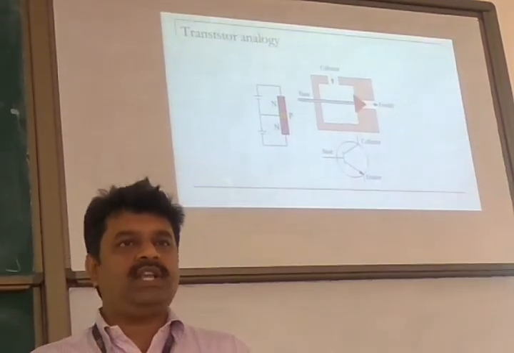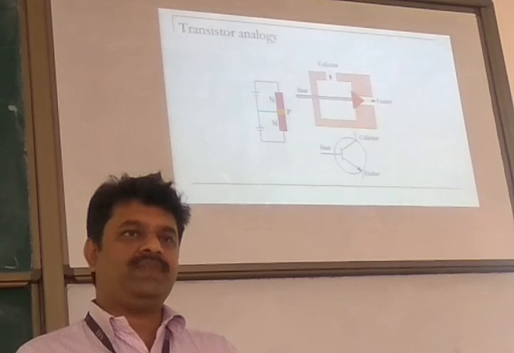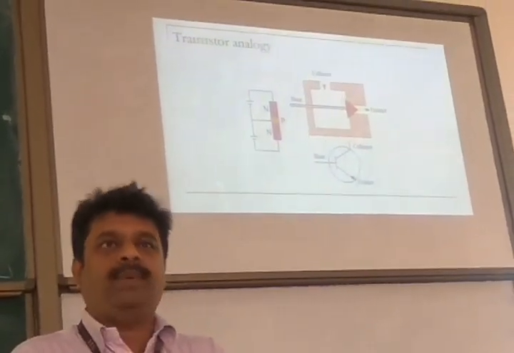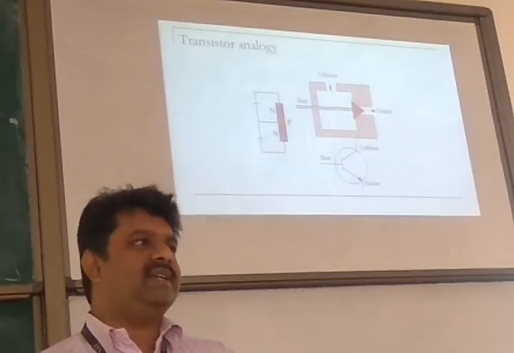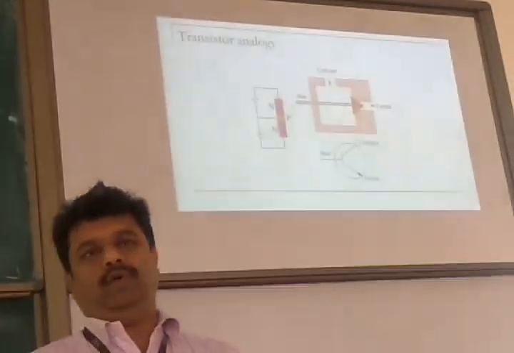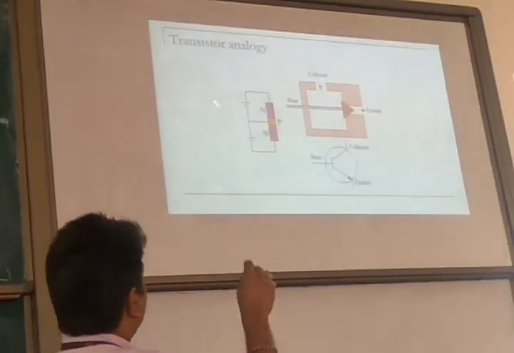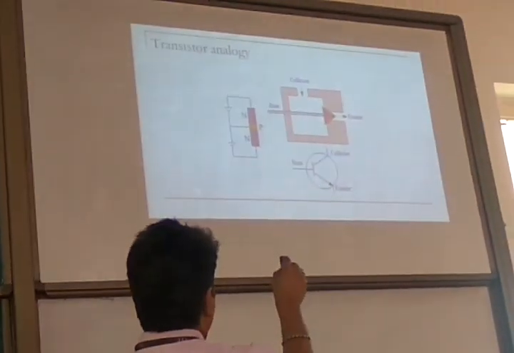As you increase the voltage across the forward bias, the barrier keeps on reducing. That means resistance keeps on reducing, and resistance decreasing means more current will flow. Is that clear?